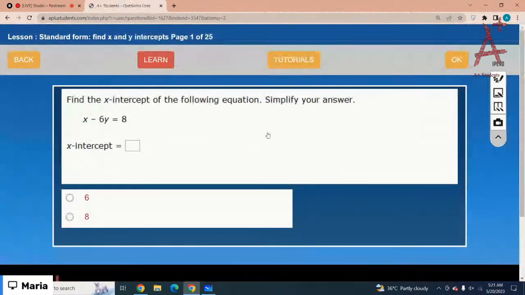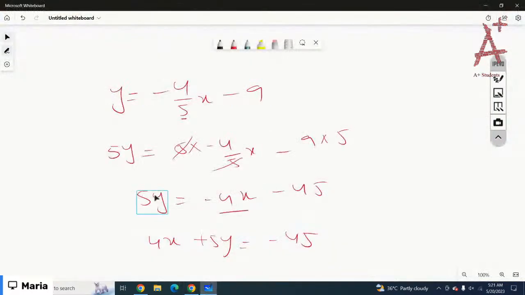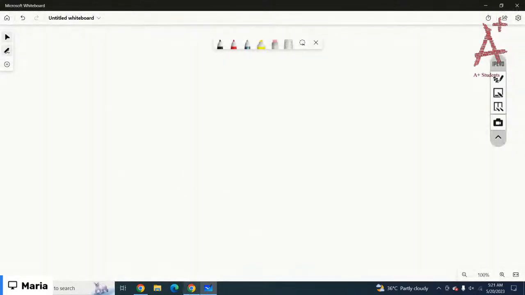Okay, x minus 6y equals 8. You have to calculate the x-intercept, so you need to put y equals 0 in the equation.